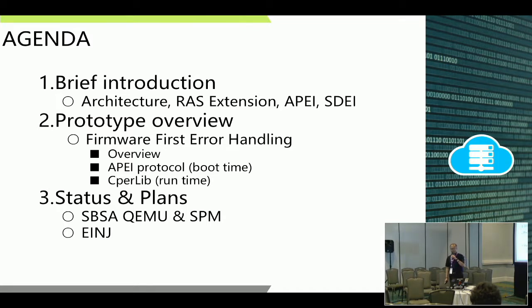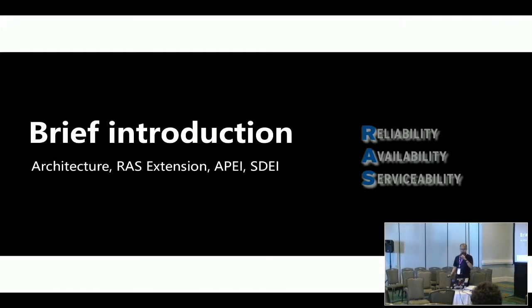But before that, I will give you a brief introduction of the architecture and all the components like the RAS extension, APEI, SDEI, and give you a prototype overview which implements firmware first error handling. So let's do it.